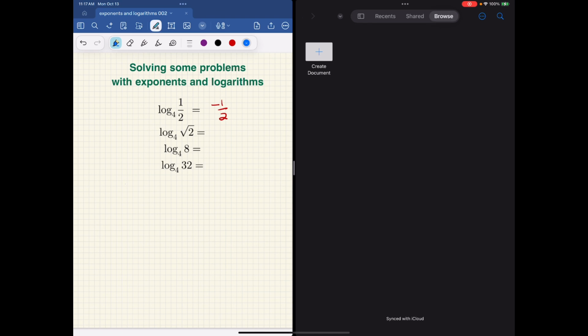Log base 4 of the square root of 2 equals log base 4 of 2 to the 1/2 equals log base 4 of 4 to the 1/2 to the 1/2 equals log base 4 of 4 to the 1/4, which simply equals 1/4. So log base 4 of the square root of 2 equals 1/4.